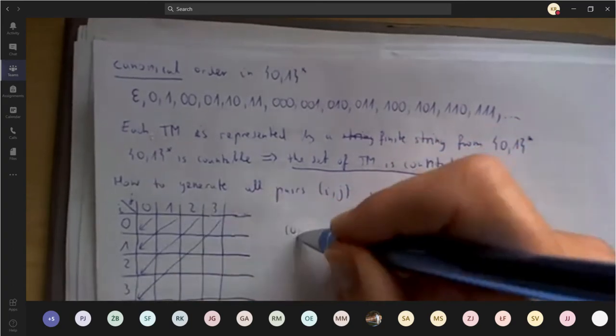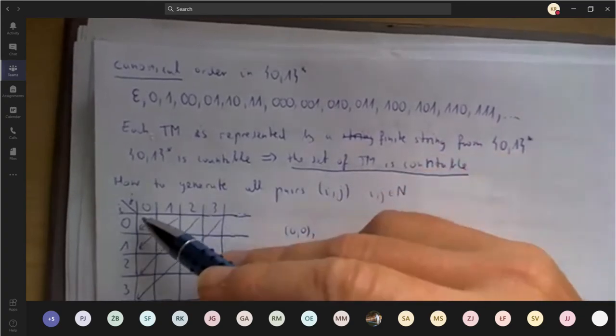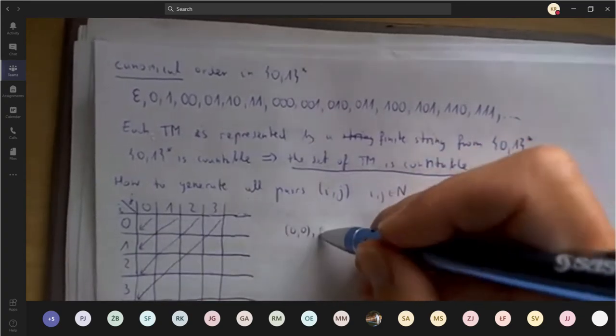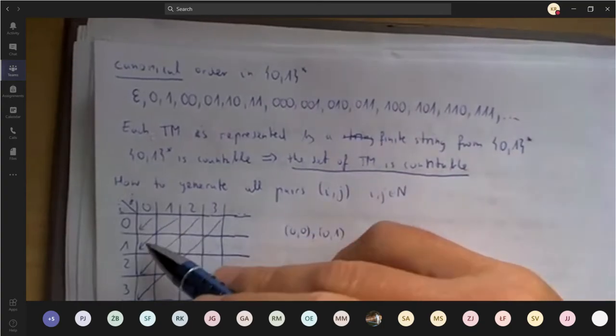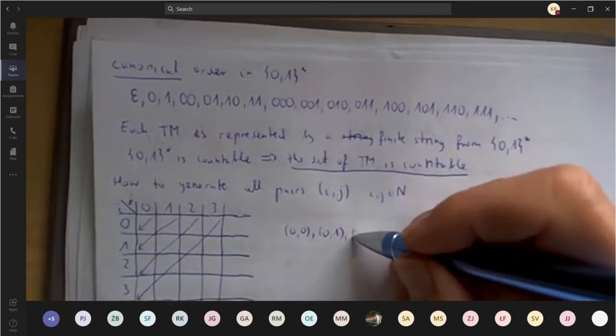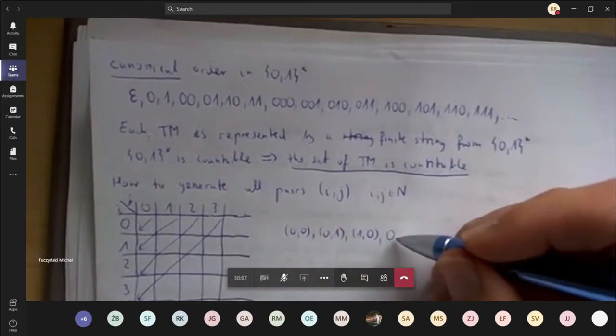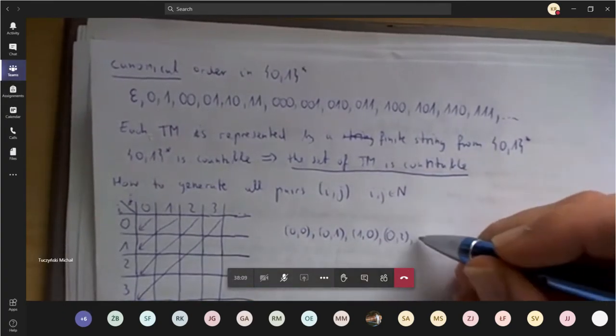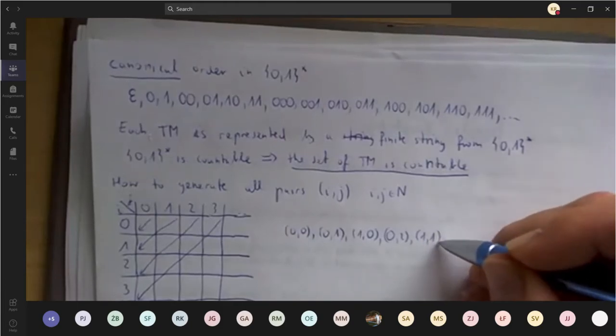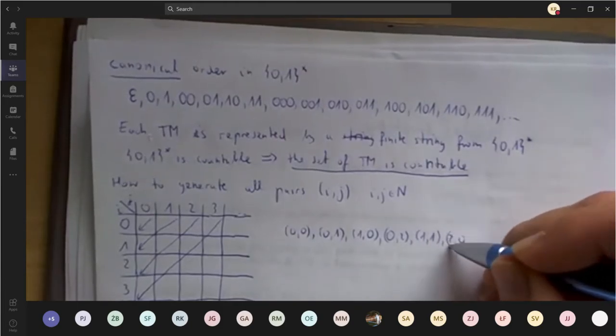The first one is 0,0. Then we'll have 0,1, then 1,0, then 0,2, 1,1, and 2,0.